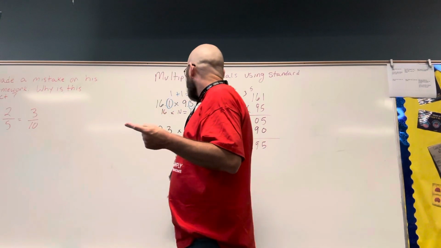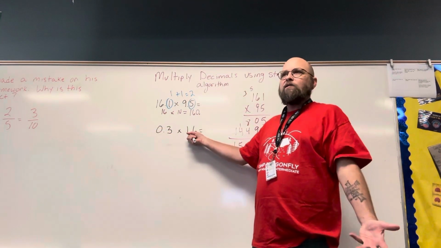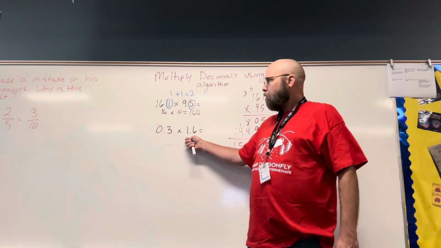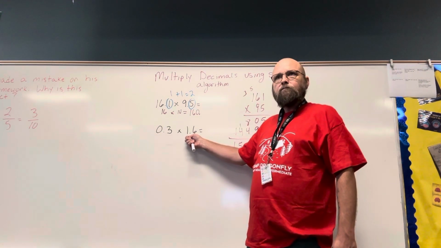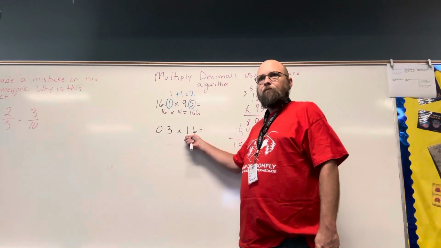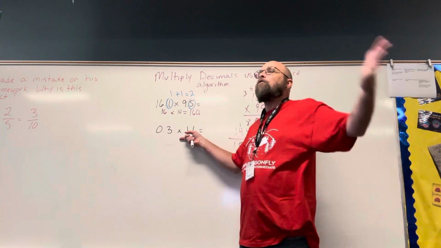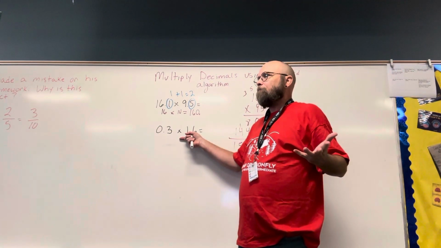But if I took 1 6/10 and I multiplied it by 1, what would my answer be? 1 6/10 times 1 is 1 6/10. If I multiplied 1 6/10 by something bigger than 1, my answer is going to be bigger than 1 6/10.